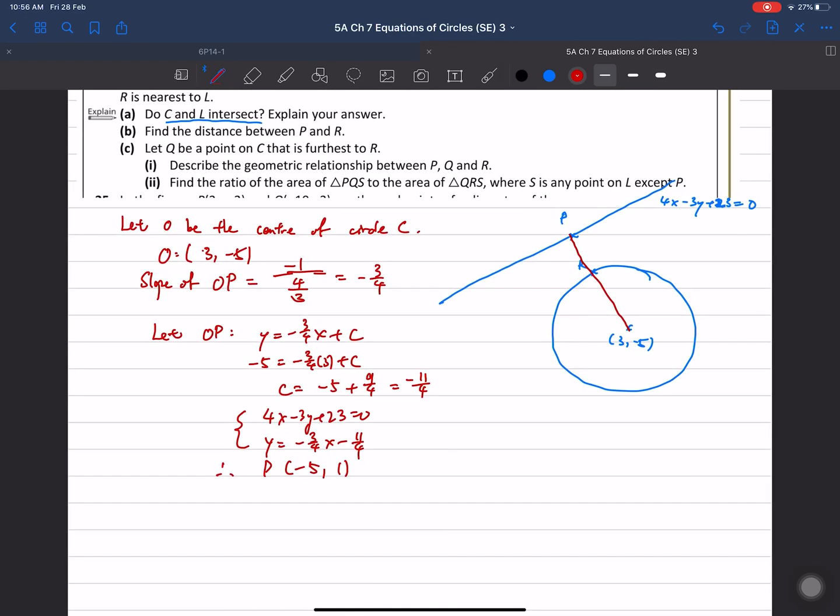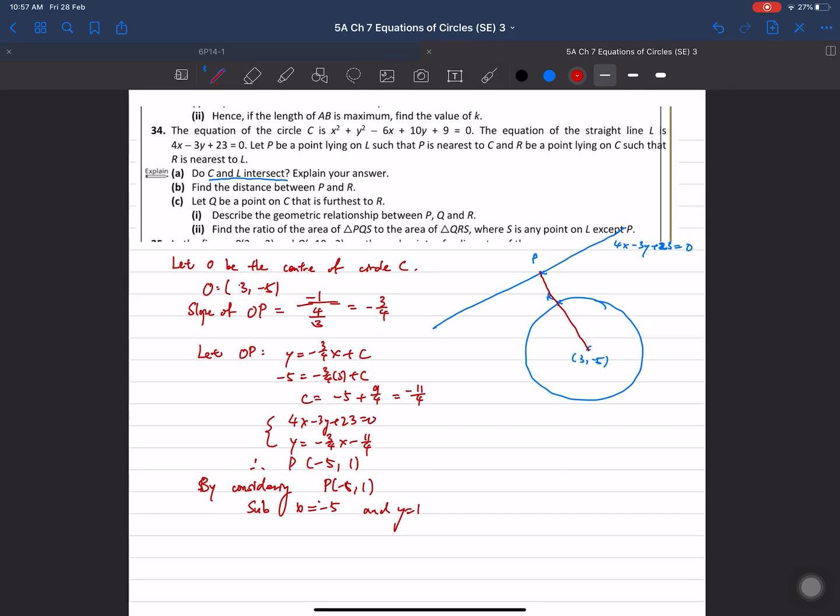After that, I can consider substituting x equals negative 5 and y equals 1 into the circle.